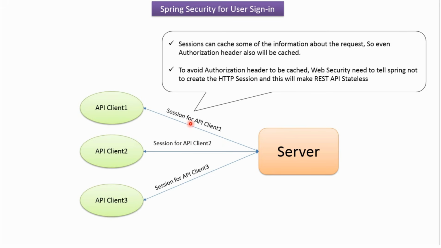For every request, we want to reauthorize the request. So to avoid authorization header being cached, web security needs to tell Spring not to create the HTTP session, and this will make REST API stateless, and we will see how to do that.